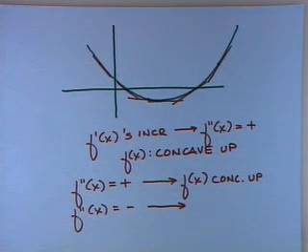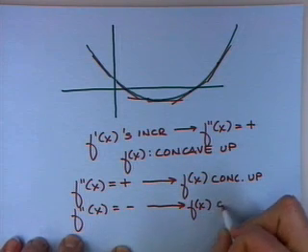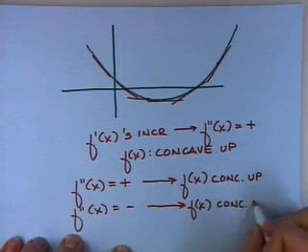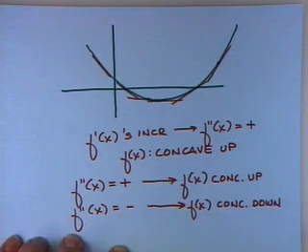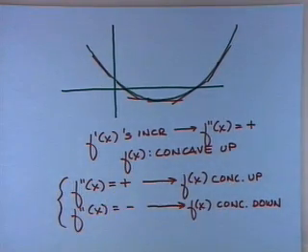If it's negative, what's that tell us about the original function? Concave down. Now we haven't addressed second derivative equal to 0 or second derivative undefined, which we're about to, but let's get the major points out of the way first.